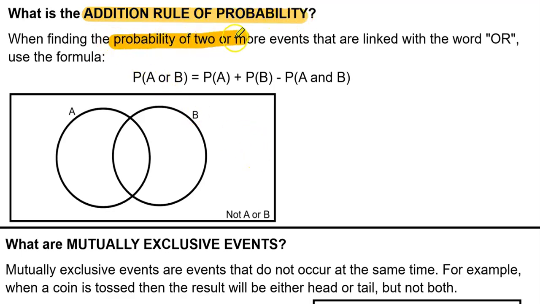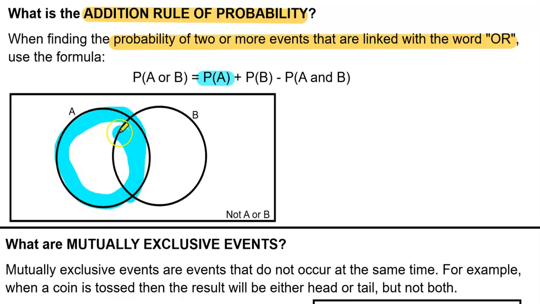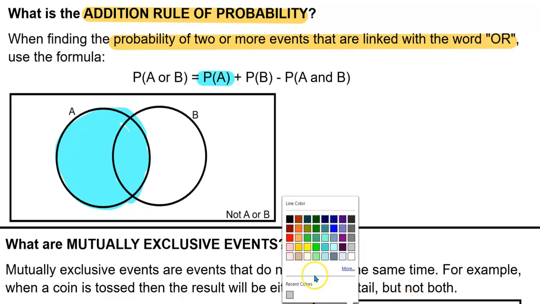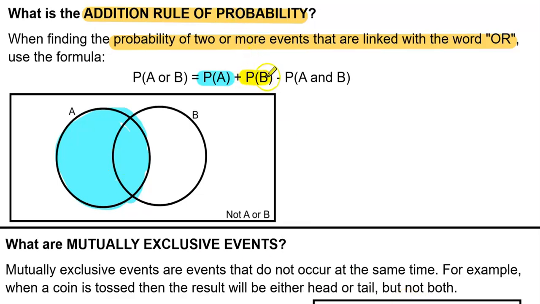If we are looking at the probability of two or more events that are linked with the word or, we are going to use this formula. Okay? So I am going to take the probability of A or B is going to be the probability of A. Everybody in this circle is A. I am going to add that to B, plus B right there.